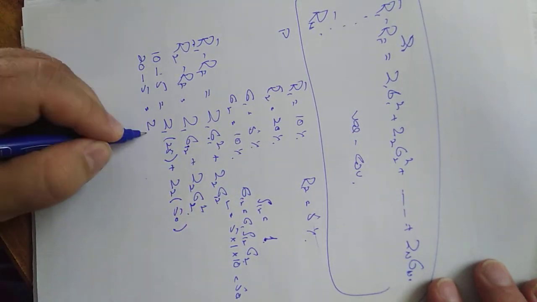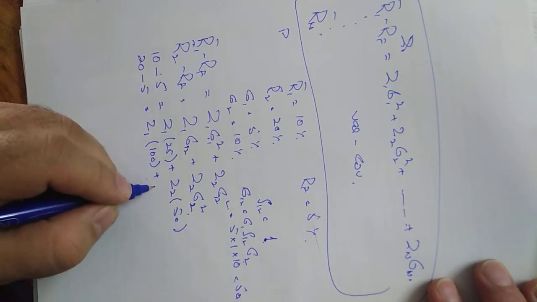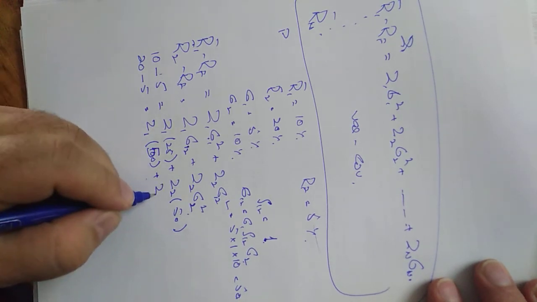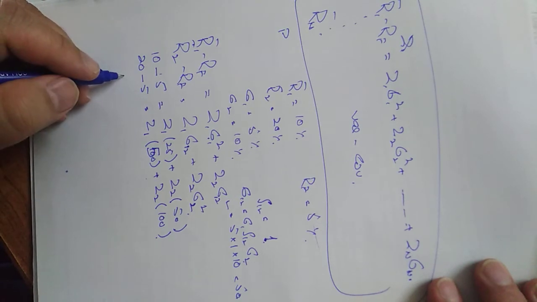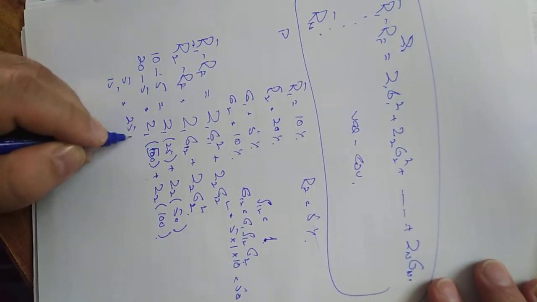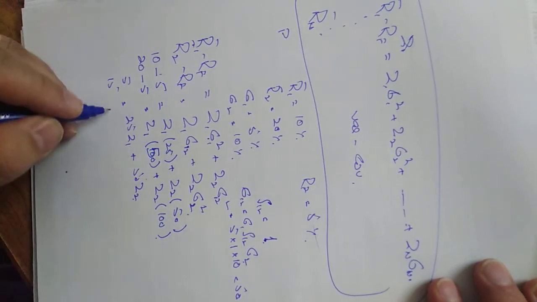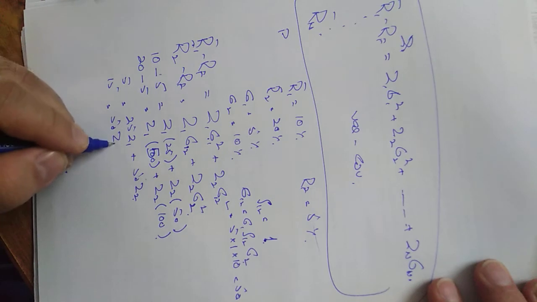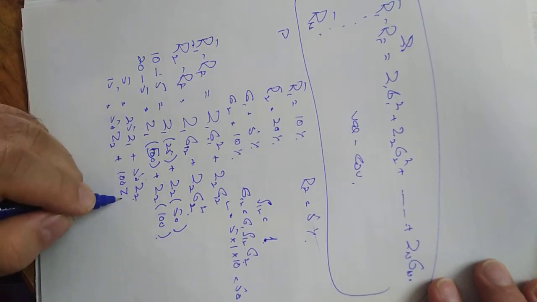And Z1 is how much? 100 and 50, and Z2 is how much? 100. So we get 5, 15 is equal to 25 Z1 plus 50 Z2, is equal to 50 Z1 plus 100 Z2.